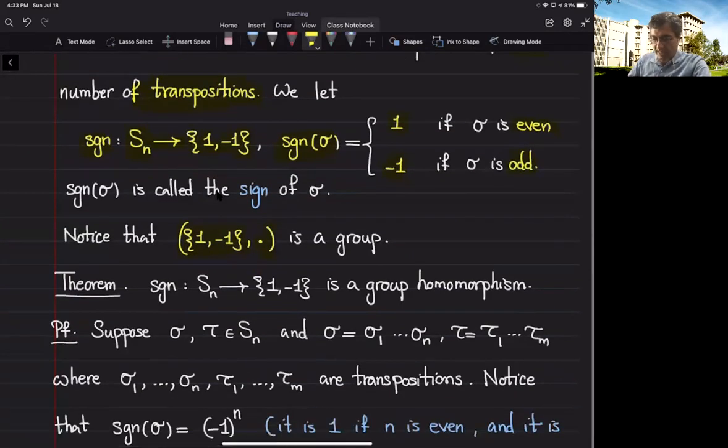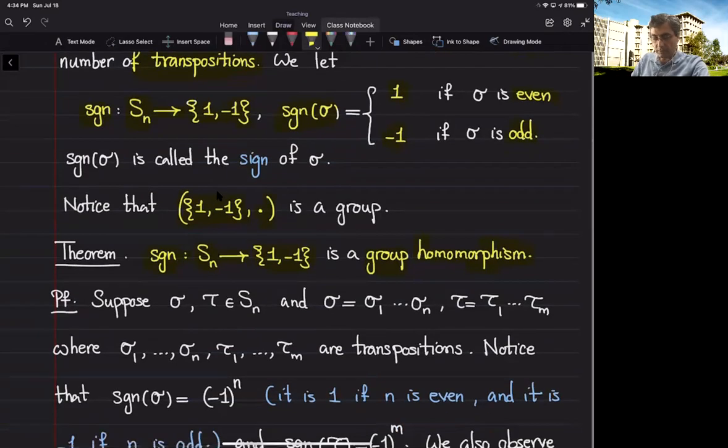Now, a consequence of the way that we defined odd and even permutations is the following important theorem, that the sign function from the symmetric group to the multiplicative group {1, -1} is a group homomorphism. So let's see why this is the case. That means I need to check why sign preserves the group operation.